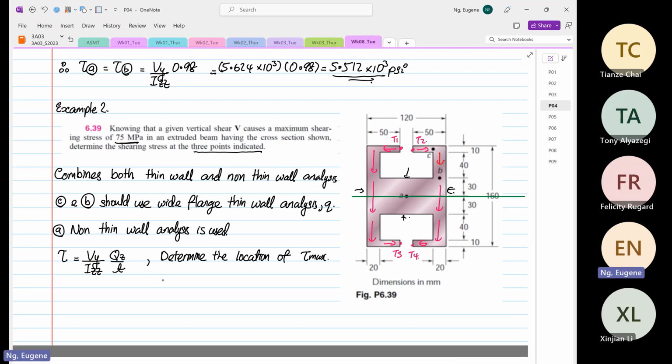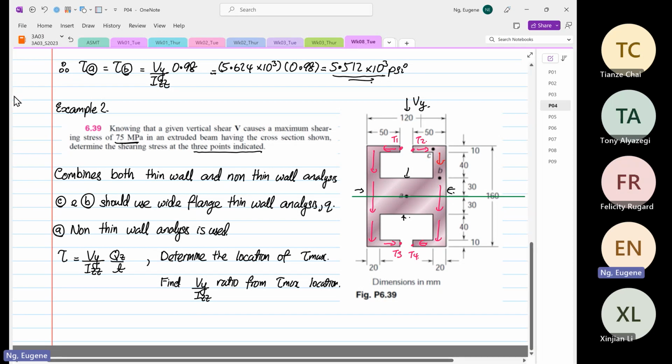And then we are going to find our Vy over Izz ratio from tau max location. Okay. So for this case, this is our Vy. So as I said, point A is non-thin wall. Point C and point B are thin wall analysis. Okay. 120 is just too big to be considered thin wall. So it's non-thin wall.